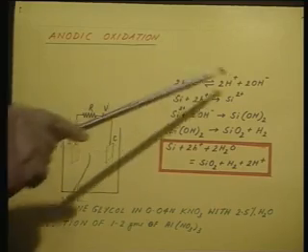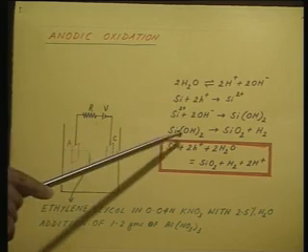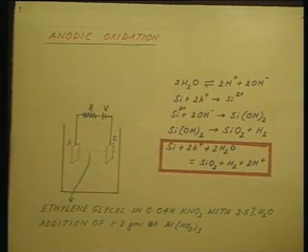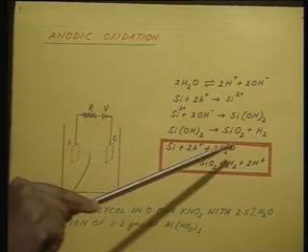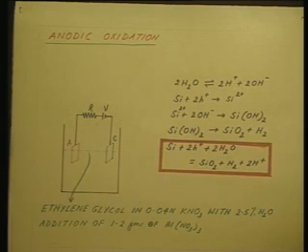Then this Si2 plus reacts with the hydroxyl ions to form SiOH whole 2, and then this SiOH whole 2 dissociates to form silicon dioxide and hydrogen. So, the overall reaction is silicon plus water plus holes forming silicon dioxide plus hydrogen. This hydrogen is evolved at the cathode. You can see bubbles of hydrogen gas forming at the cathode.